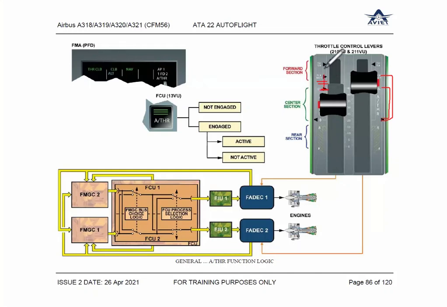So anytime both levers are here, not active, or anytime one lever is in this region, one lever may be here and one in this region, it is also not active. So various lever positions control active or not active after engagement. Clear, sir? Yes.